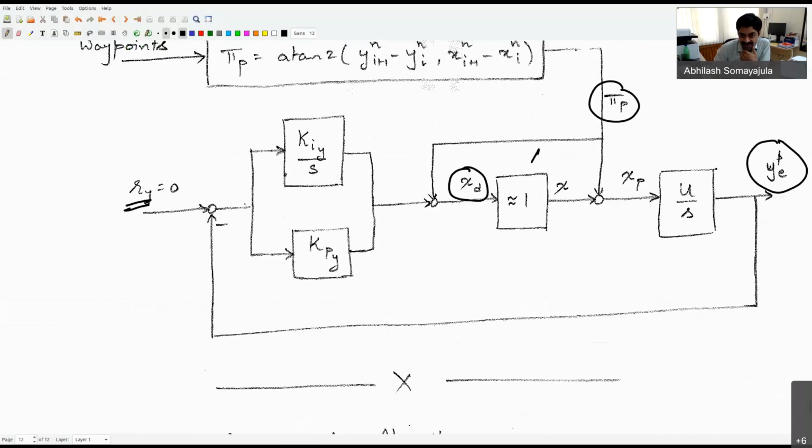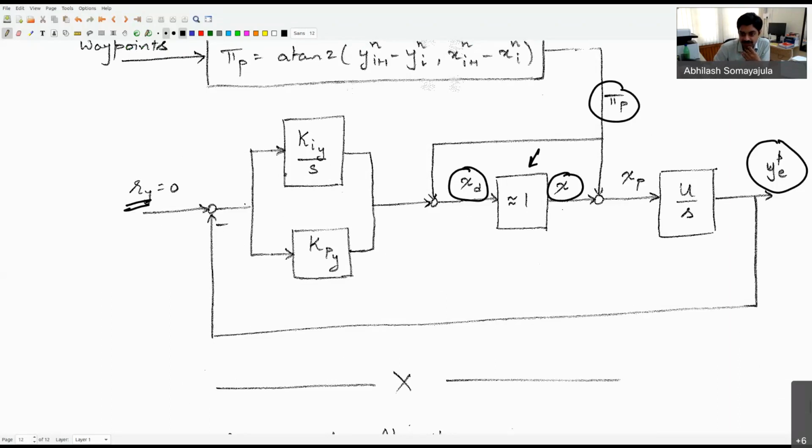Now there was an inside loop going on here, which was ensuring that my desired heading angle translates to my actual course angle. The desired course angle translates to my course angle. We already looked at that controller before and tuned its gains accordingly. So that will ensure that my output is actually tracking my input.